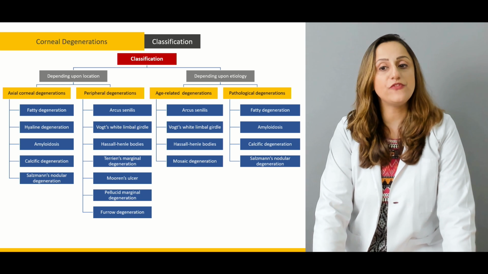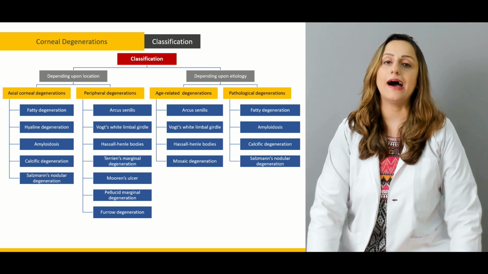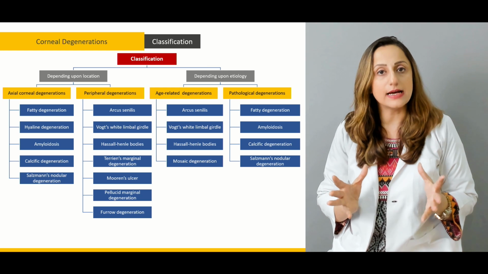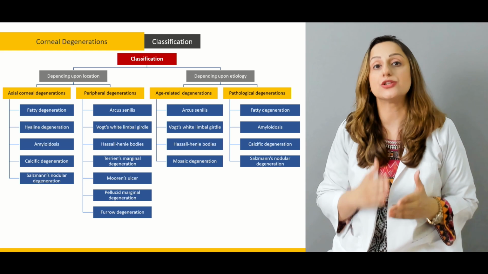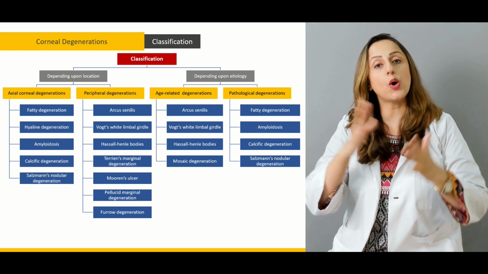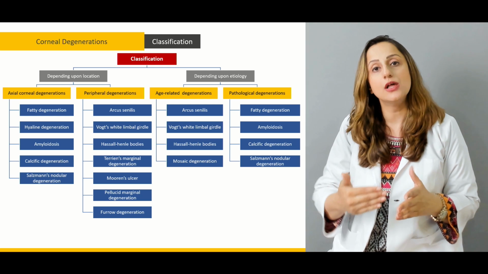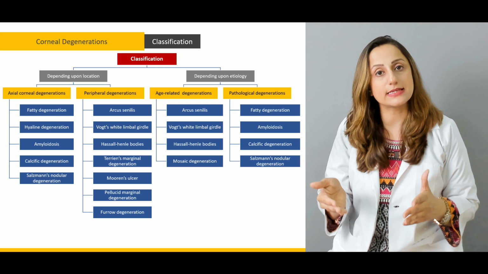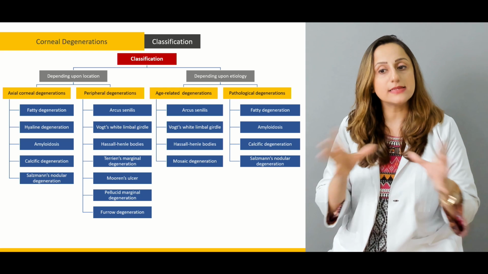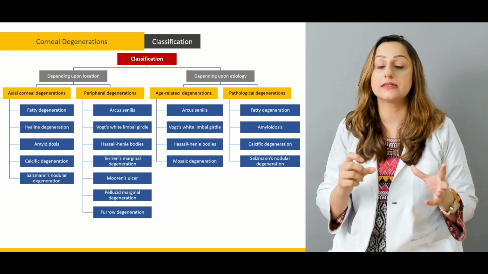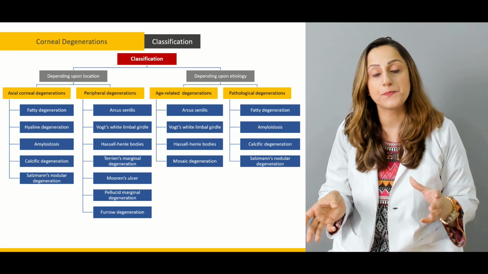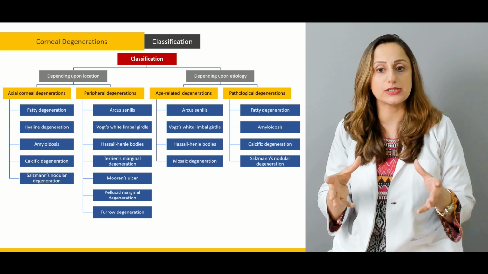And it's very easy to remember how you can clinically classify these patients depending upon the location of the corneal degeneration, and on the other hand, how you can classify depending upon the etiological or pathological processes that are going on. Again, it's very easy to document these cases when you know these classifications.